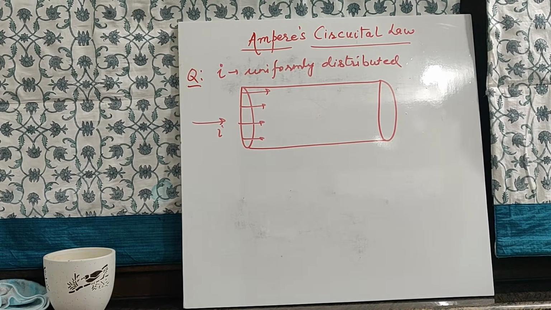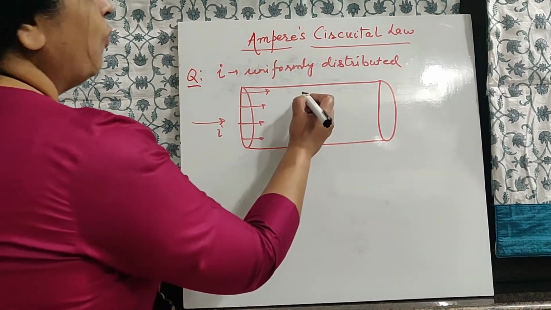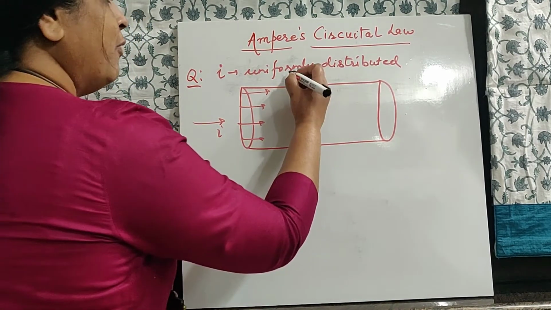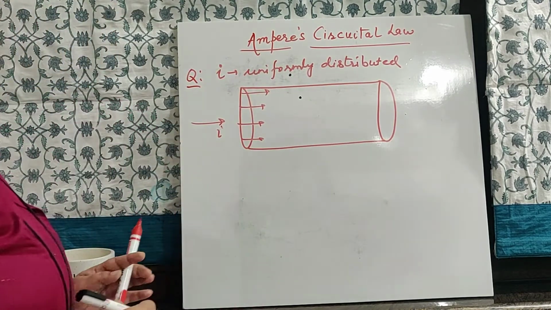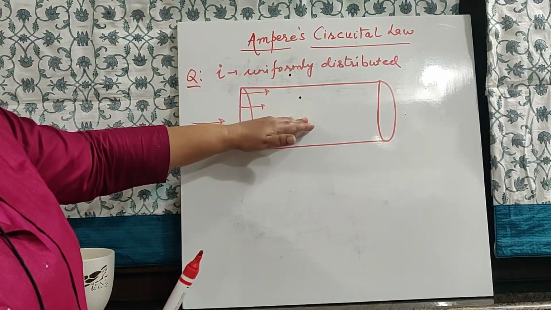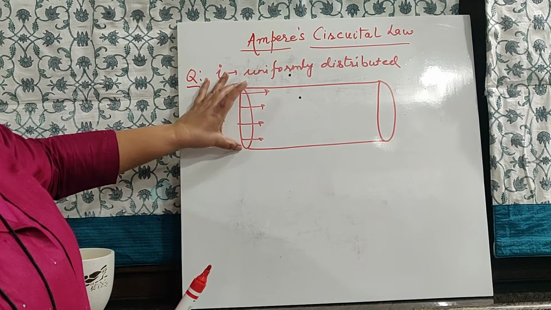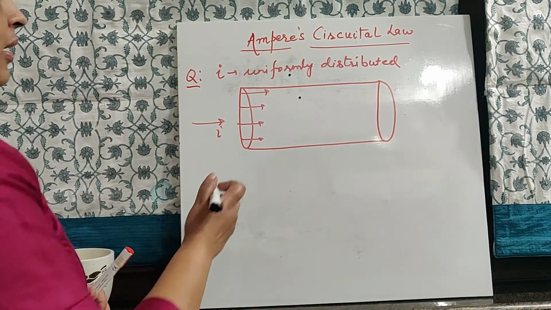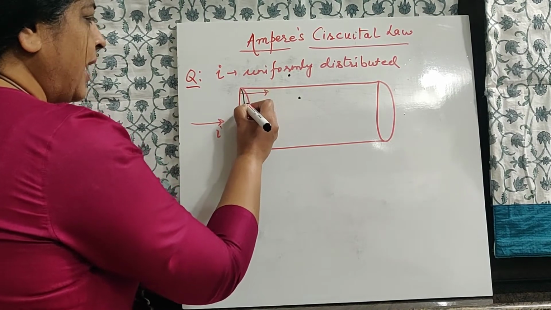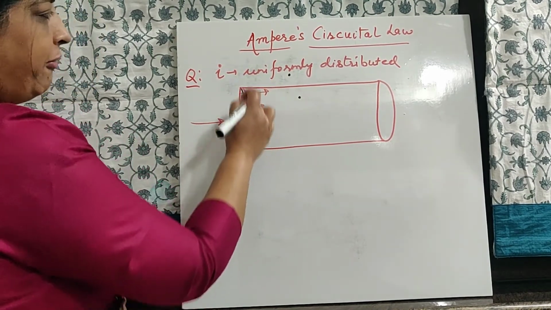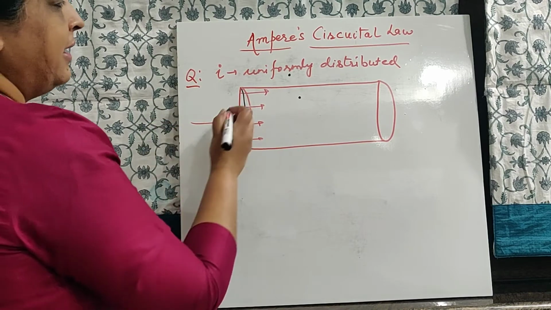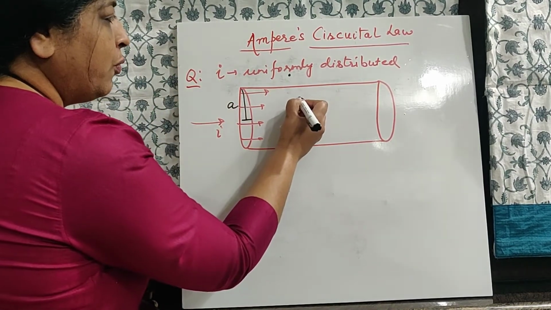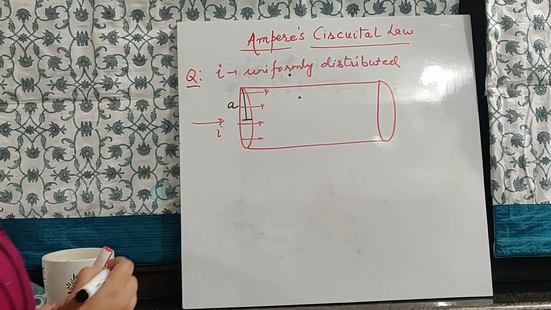Now, the question is, what will be the magnetic field at this point and what is the magnetic field at this point? That is, magnetic field at a point inside the conductor, it is really thick, and magnetic field at a point outside the conductor as shown. Now, let us further assume that the radius of our conductor is A. Now we want to find out what is the magnetic field at this point.